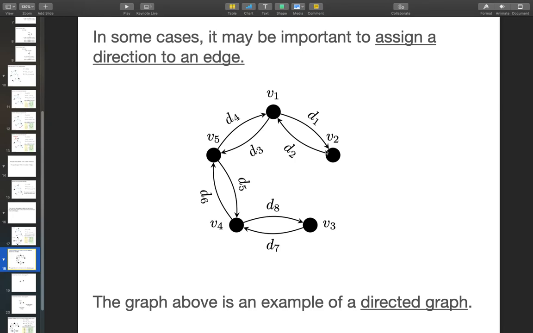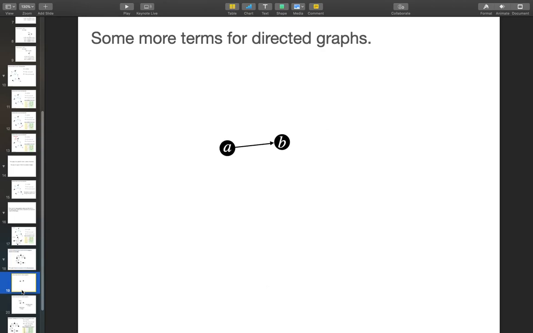So, ang tawag sa graph na may directed edges, with direction, is a directed graph. Okay? So, meron lang tayong mga karagdagan na terms para sa directed graphs, specifically for a directed edge. Kasi kapag directed edge, kailangan na nating ma-distinguish yung dalawang endpoints.